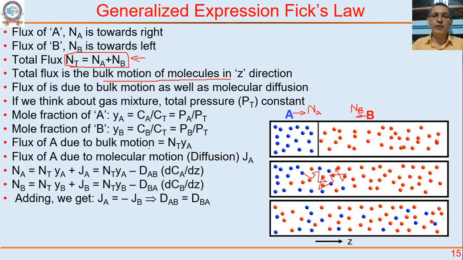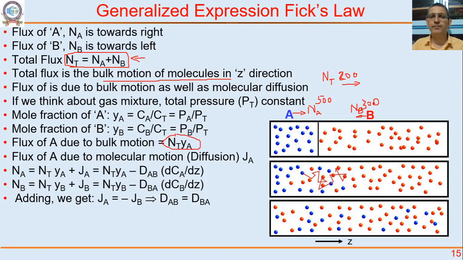So for the flux of A due to bulk motion, suppose this was 500 and this was 300. That means there is a net flux of 200. That's the bulk motion, molecules traveling in the same direction, 200 to the right. So if 200 molecules are traveling to the right, how many of these are molecules of A? It is 200 multiplied by the mole fraction.